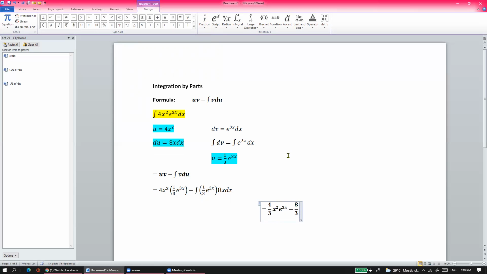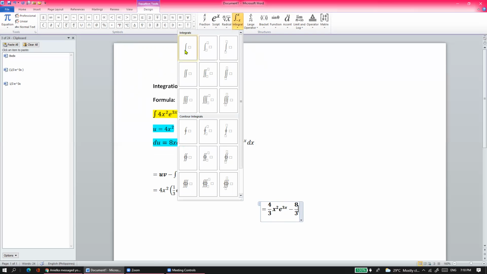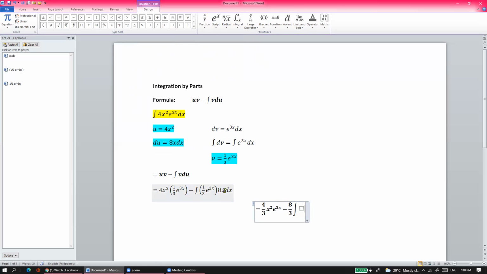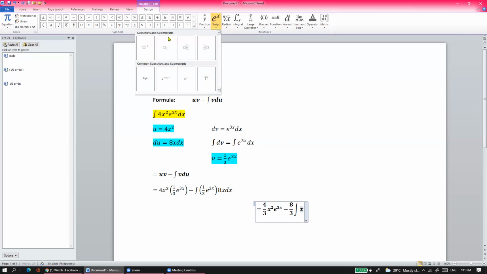And then coming up next is the symbol for integration. Integral e to the 3x times x is x e to the 3x since nakalabas na ang 8/3. So I will write here as x and then e to the 3x dx.